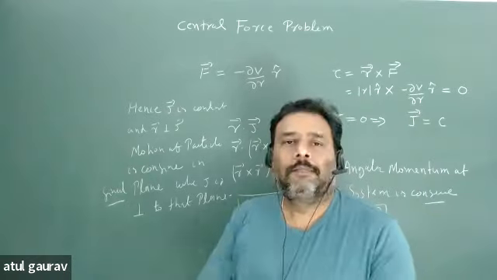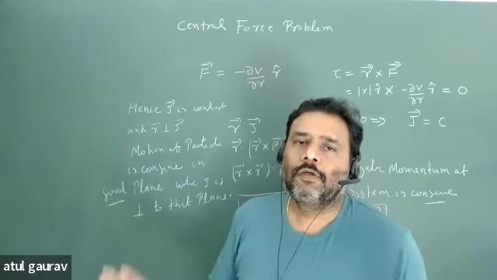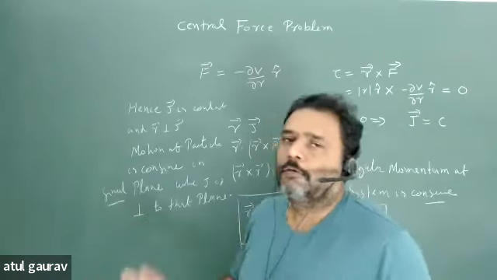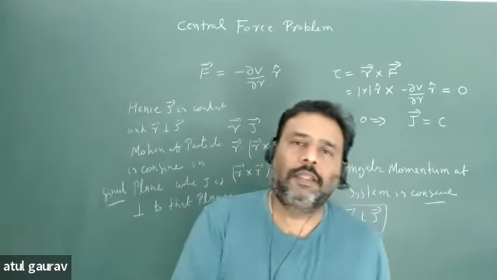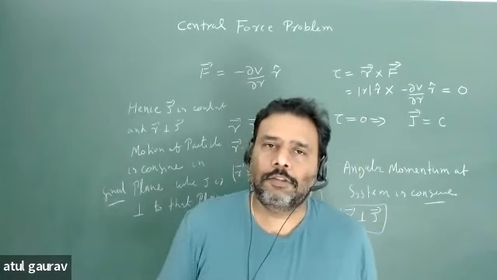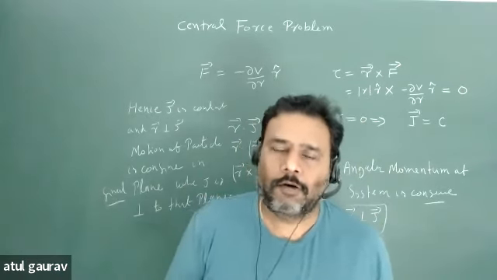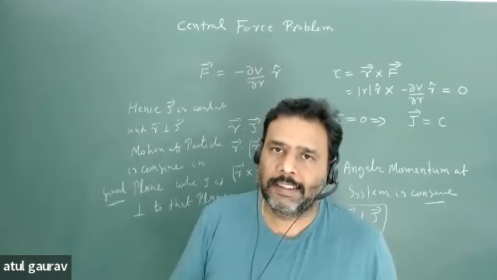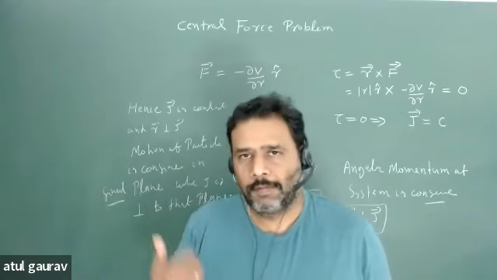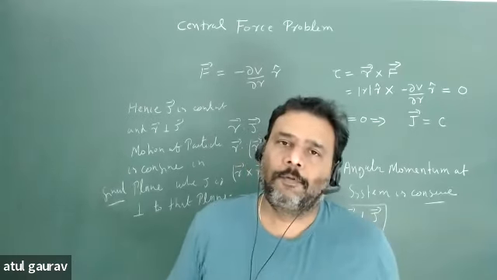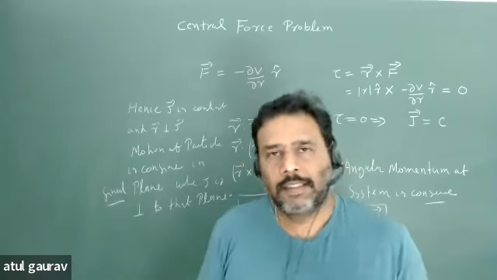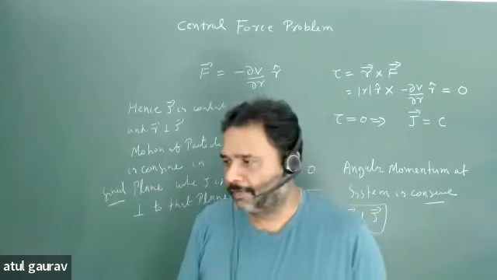So here the motion is confined into a two-dimensional plane. When motion is confined into a two-dimensional plane, how will you solve the equation of motion? You will use which equation of motion? Polar coordinate equation of motion, isn't it? We have learned in the last class that if motion is confined into a two-dimensional plane, polar coordinates are the ultimate thing to solve the problem very efficiently.